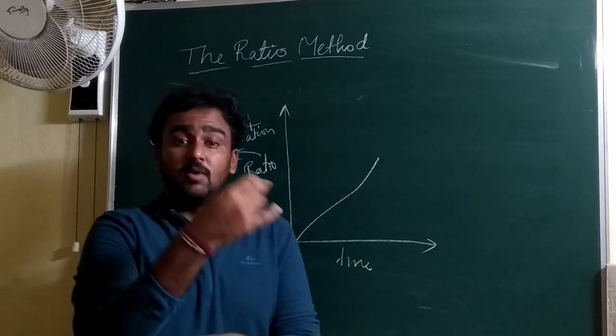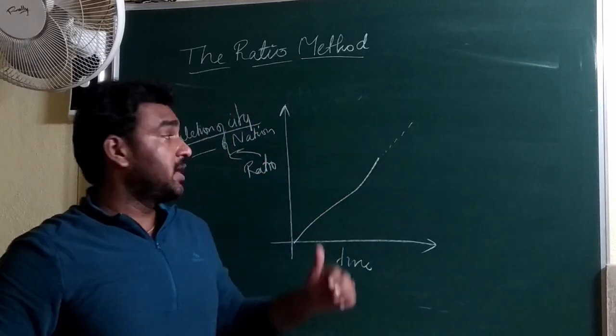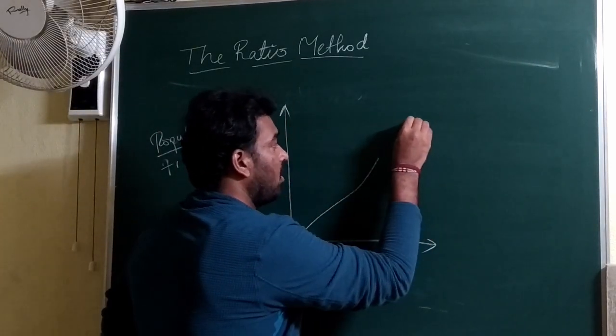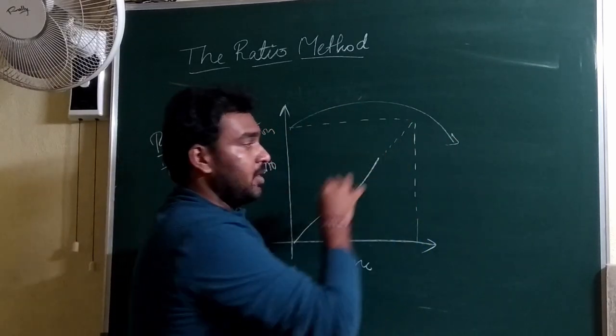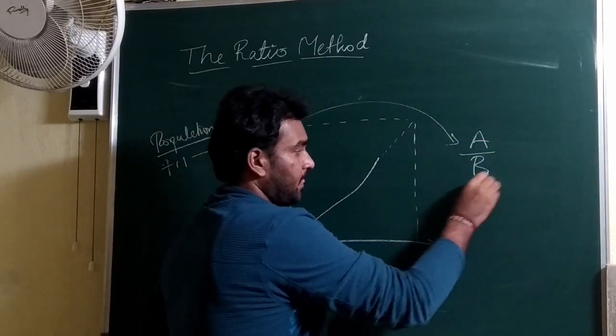Then, to estimate the population, we extend this graph to extrapolate the ratio for the design period. Suppose this is the design period, we extrapolate the ratio like this. After extrapolating, suppose the ratio is A by B, some number.